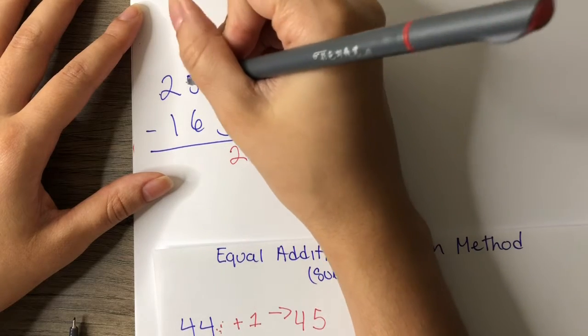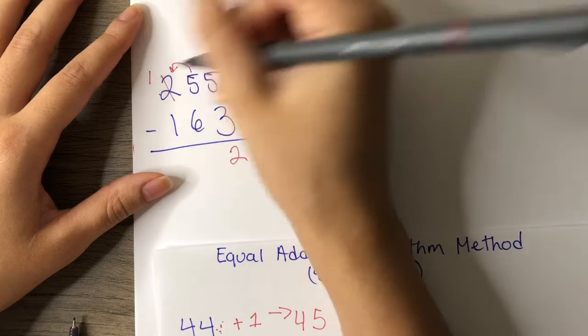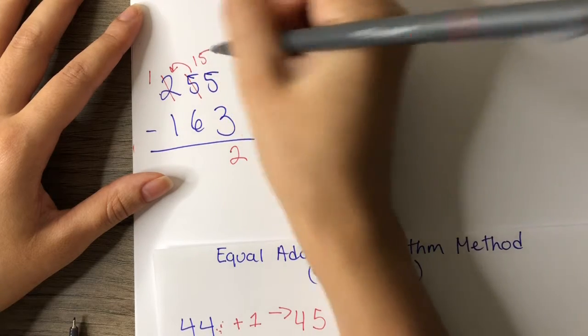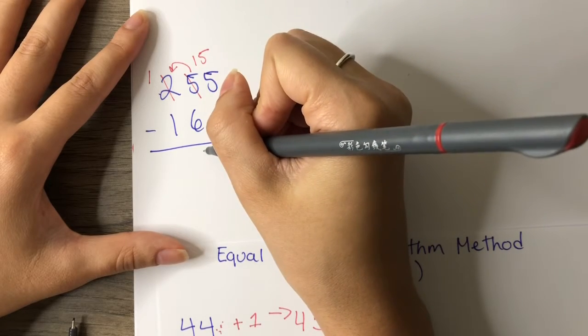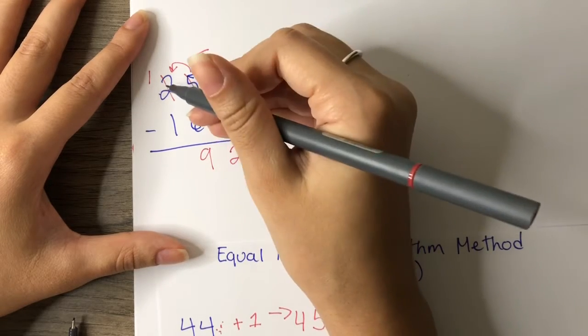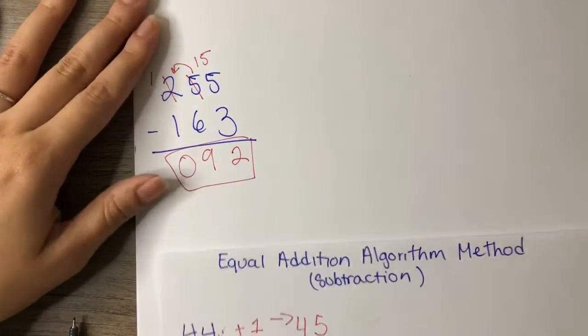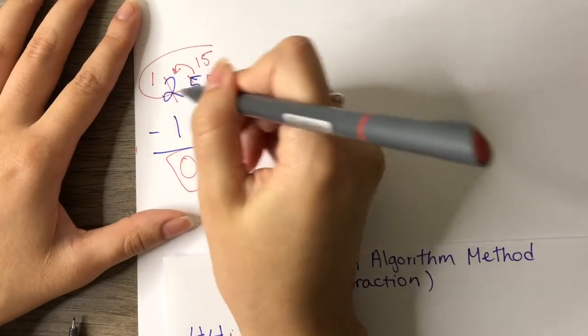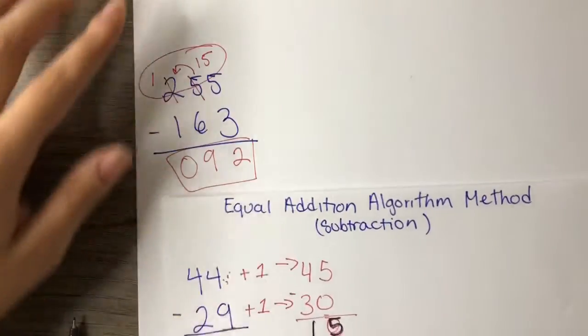So we have to borrow from the 2. The 2 would turn into a 1, and then the 5 would turn into a 15. So then 15 minus 6 would be 9, and then 1 minus 1 would be 0. So we get 92. But again, we run into all of this mess over here.